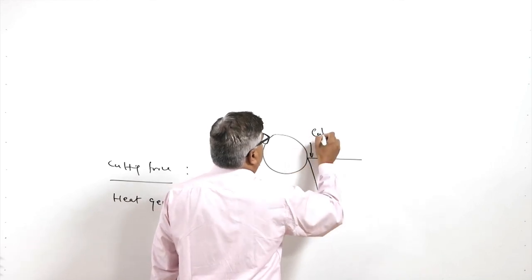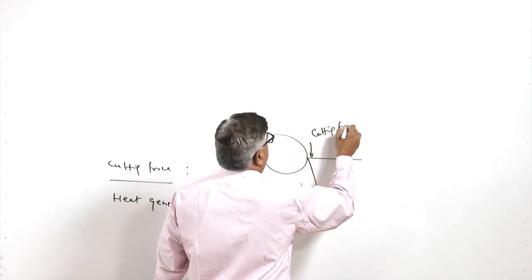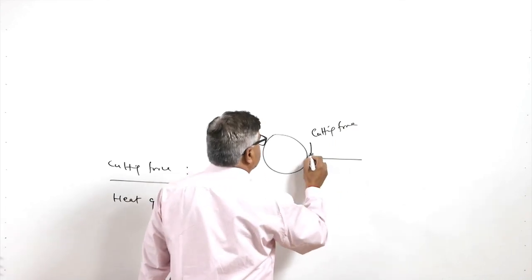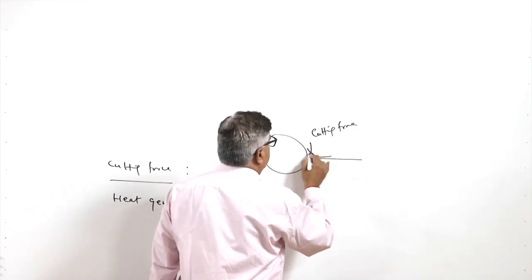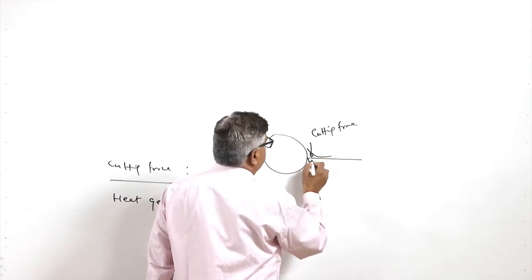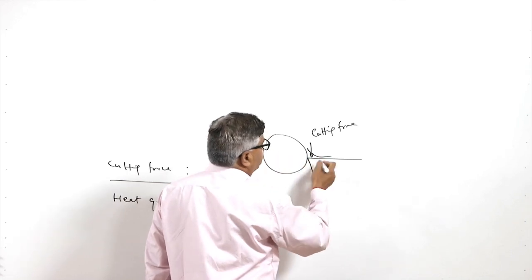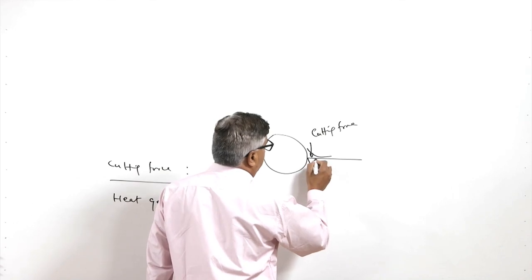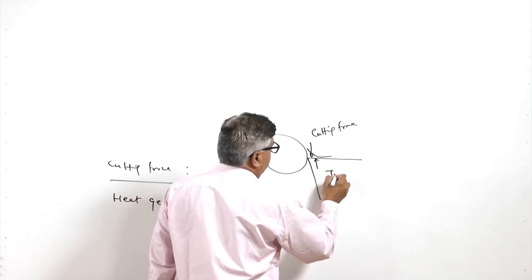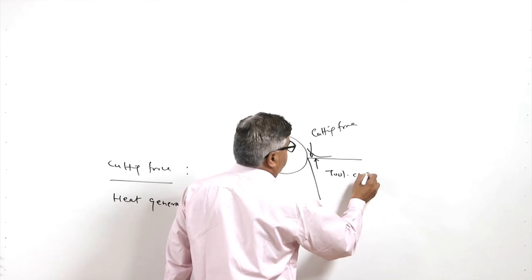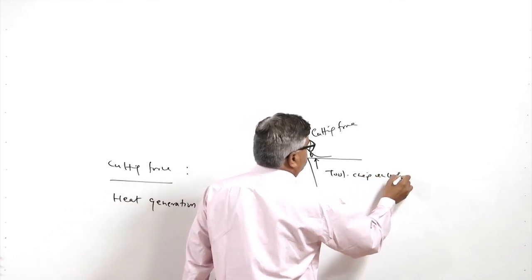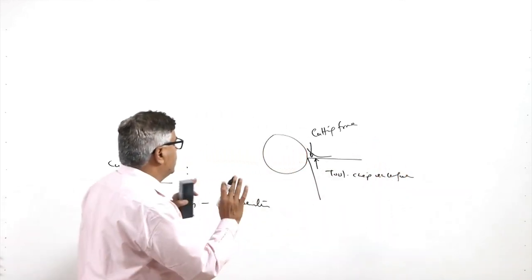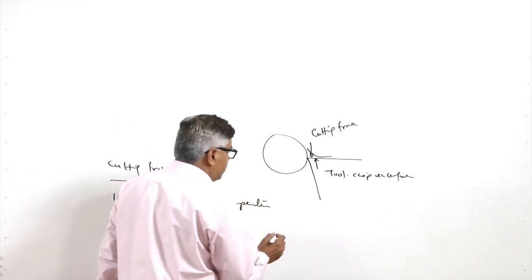The cutting force acts in the downward direction, and heat is generated due to the flow of the chips over the rake face, and this leads to a rise in temperature of the tool chip interface. Basically these are the two conditions which are normally generated during machining.